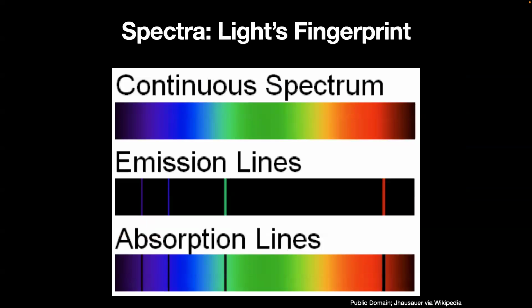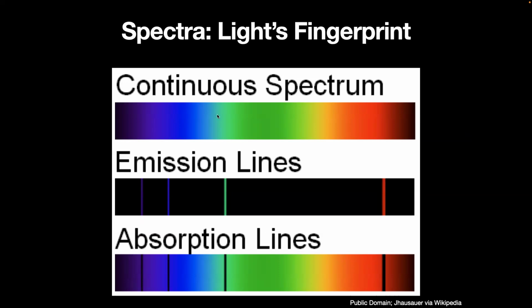We can use the different patterns to our advantage because these spectral lines act as fingerprints of the source. You can get spectral lines from emission, when excited gas gives off photons, or from absorption, when colder gas absorbs some background light. Here we have a demonstration of a continuous spectrum.